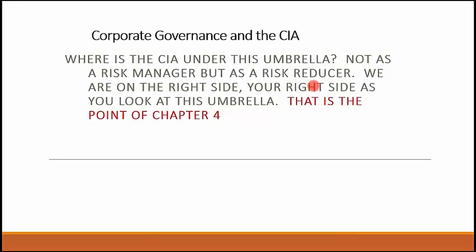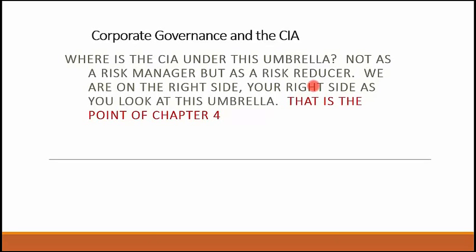Now, why is the auditor a risk reducer? Well, as part of the audit process, and we need to understand this, the auditor is assessing a business unit or a function or a process, and in the process they are not only identifying control weaknesses, but also providing guidance in terms of recommendations to address these issues.